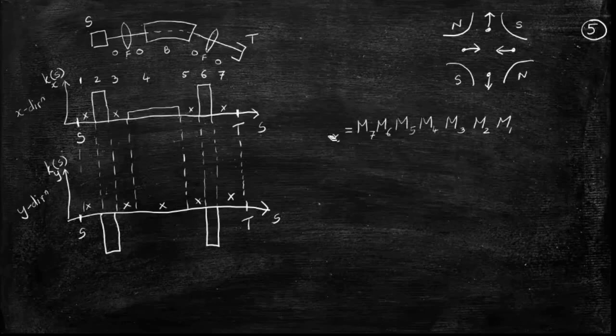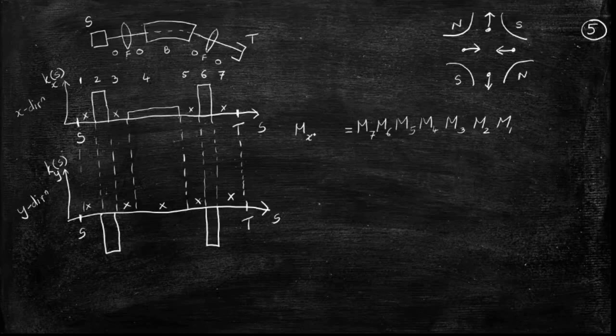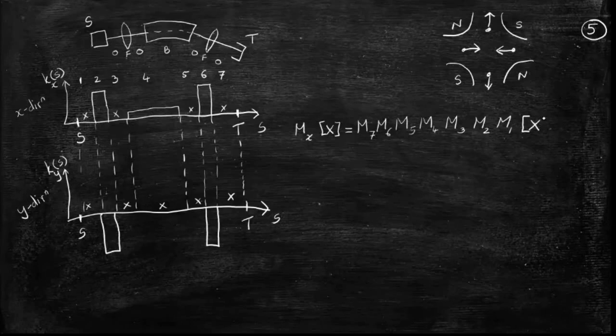Let me write it this way. Mx operating on the x and x prime vector will be equivalent to these 7 matrices in this particular order operating on the x prime vector. So basically m1 operates first, there is some resultant, then m2 operates, then m3, like that till m7 when it operates, you get the overall behavior.